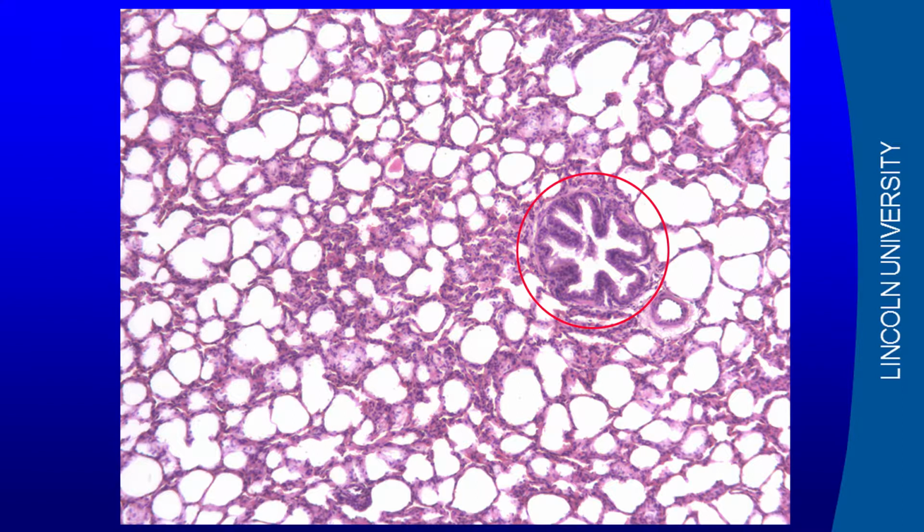And because it doesn't have the cartilage, it's been squashed, and that's why the inside here has folded. Here is a little artery associated with that airway, so following the same track.